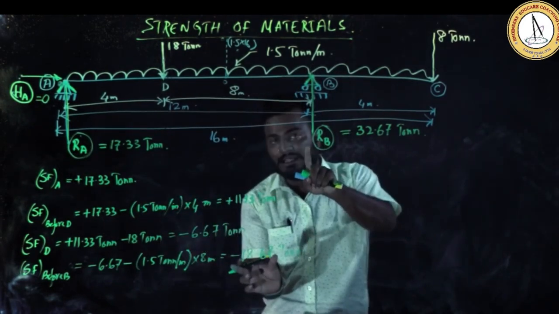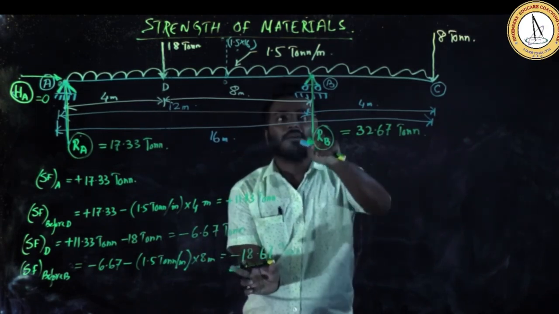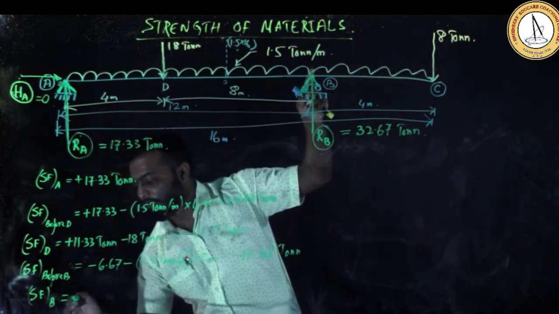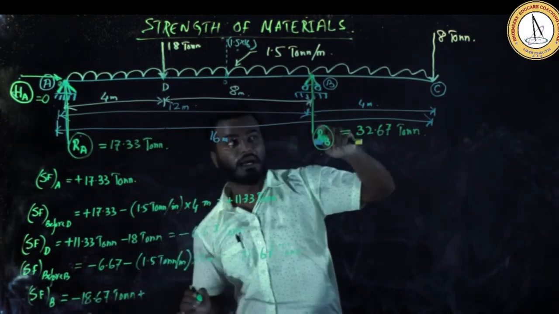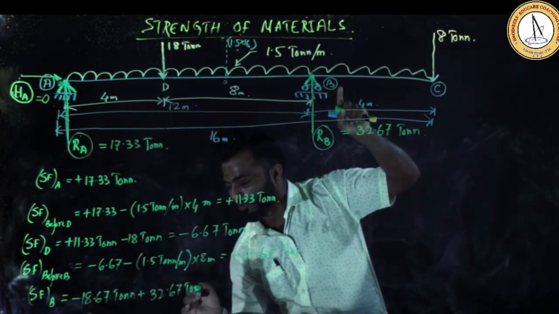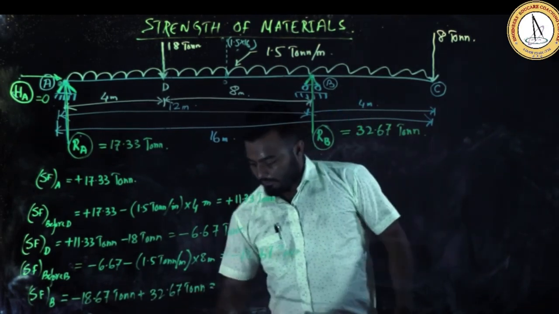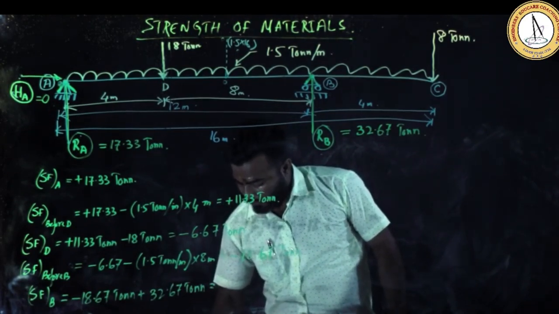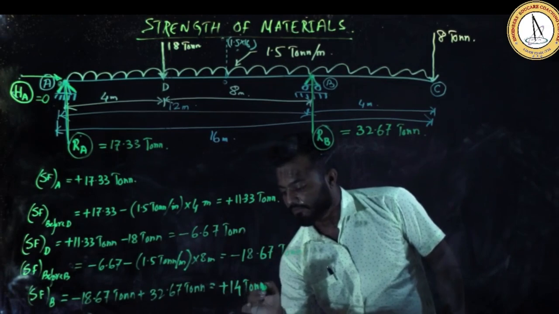The already algebraically summed force is minus 18.67, so plus RB will give the shear force at B. So SF at B will be equal to minus 18.67 ton plus, because RB is upward, plus 32.67 ton, which is equal to plus 14 ton.